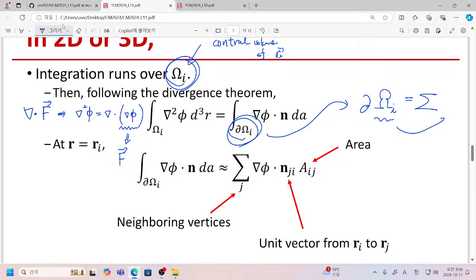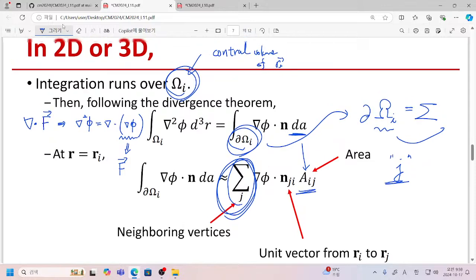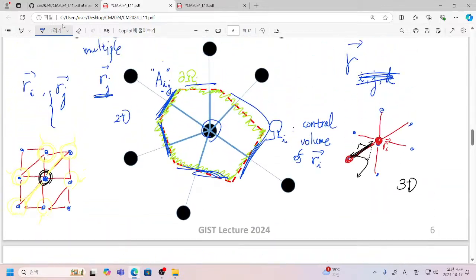It corresponds to its j value. So now we introduce the integral over j, and here we need an areal integration, and that areal integration is just approximated by multiplying by that area. Okay, so please be careful.